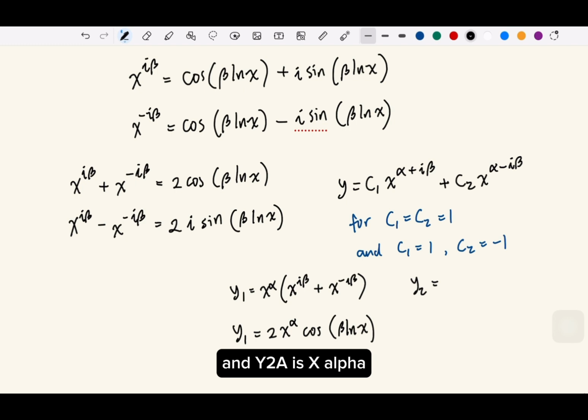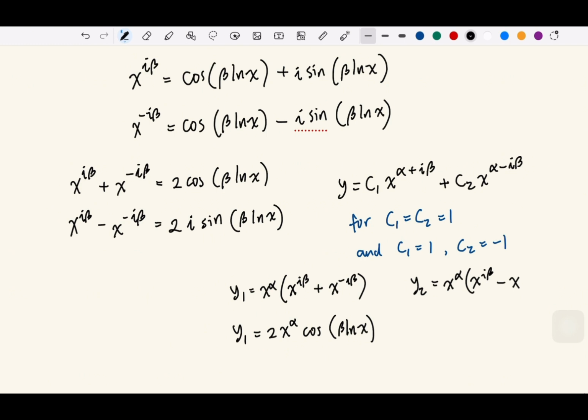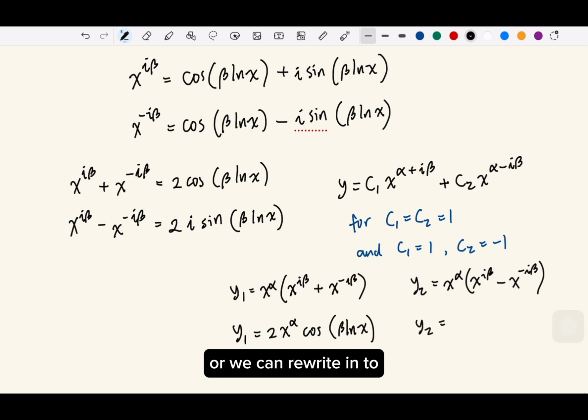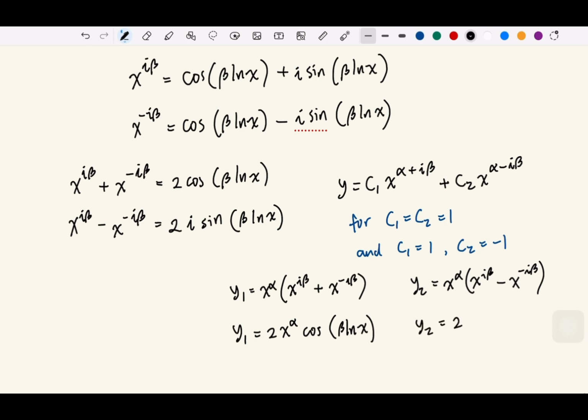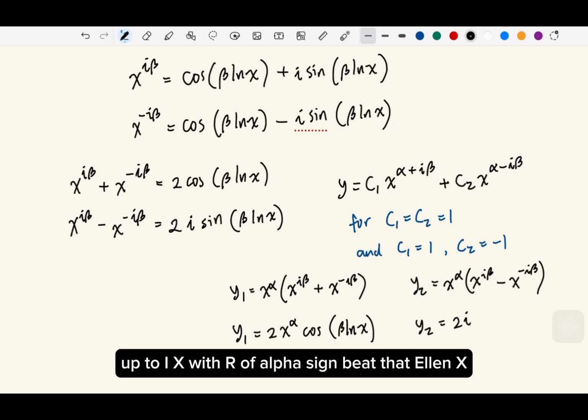And y2 is x to the alpha times x to the i beta minus x to the negative i beta, or we can rewrite it as 2i x to the power of alpha sine beta ln x.